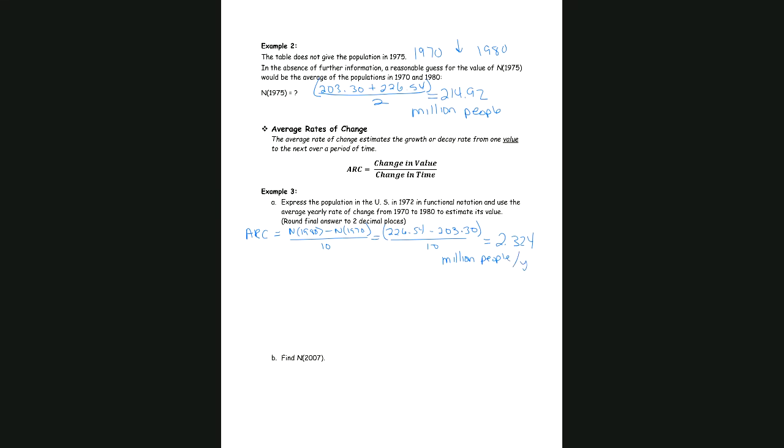So in order to find the population in 1972, let's write it out in words first. You need the population in 1970 plus the amount of 2-year growth.